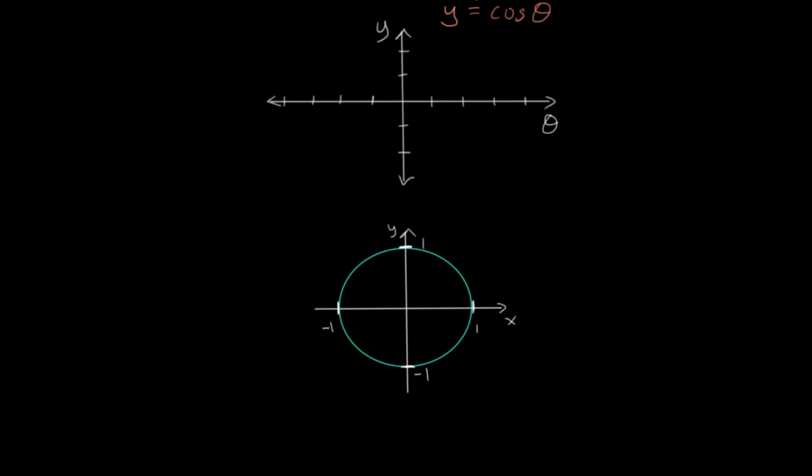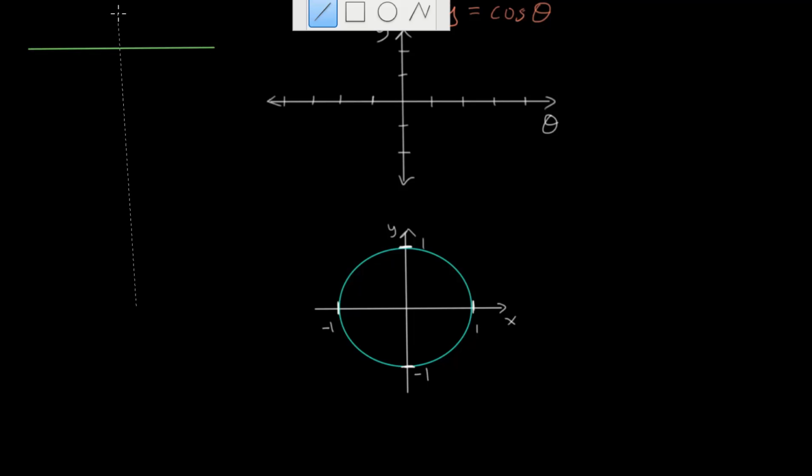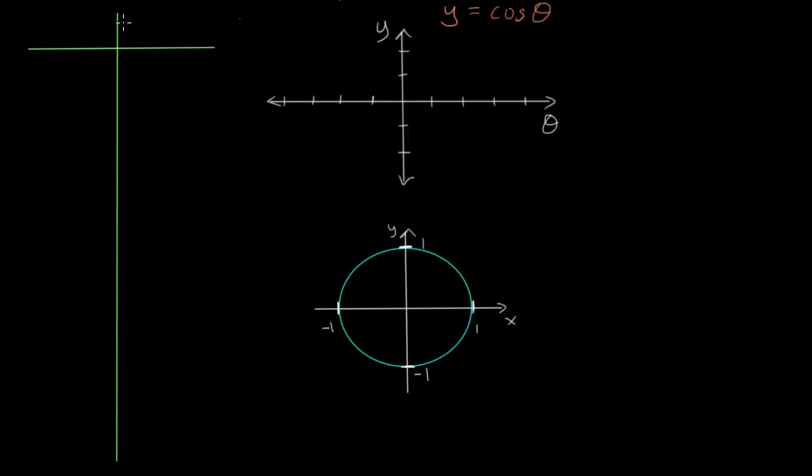So we have our unit circle, and we also need a table. In this table, we're looking at different values of theta and different y values for our equation y is equal to the cosine of theta. For theta, we can look at the key values, namely starting at 0, then looking at pi over 2 radians, which we know is 90 degrees.